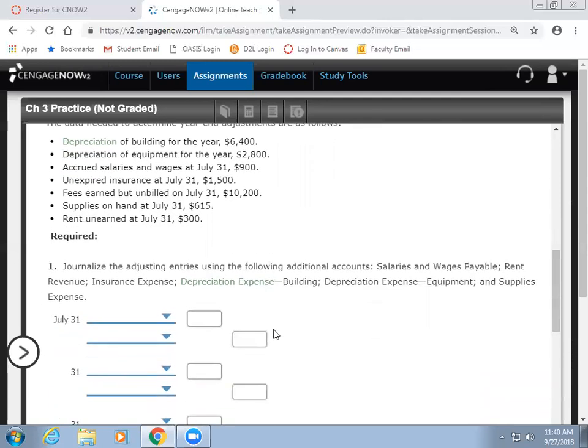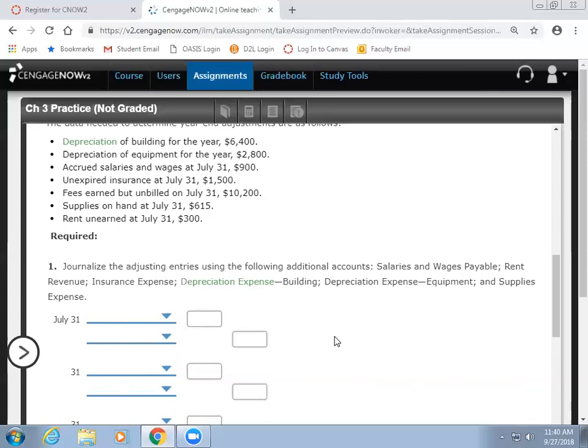So we're going to journalize the adjusting entries, and they gave us the accounts to use: salaries and wages payable, rent revenue, insurance expense, depreciation expense on the building, depreciation expense on equipment, and supplies expense. I know I'm using those accounts and more, but those are the new accounts to journalize these adjustments that they've listed. As you can see, they're all journalized as of the end of the period, which in this case is July 31st. So all of them are dated July 31st.